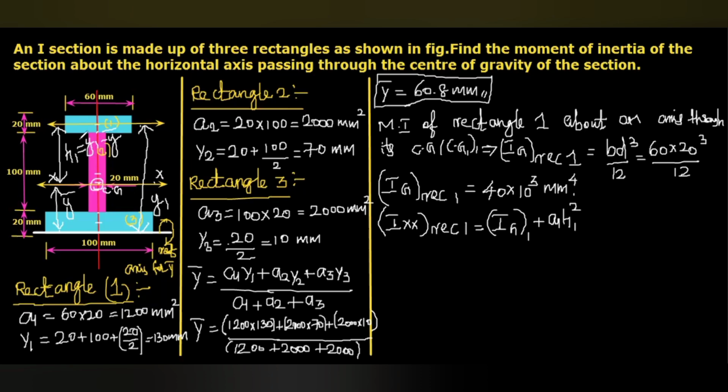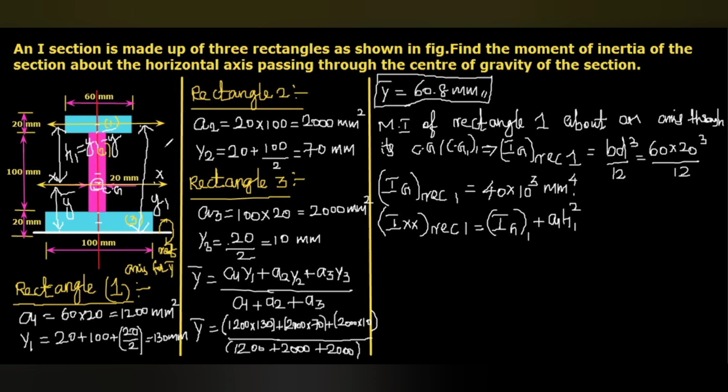That means the y value of the particular rectangle with respect to the y bar. Because sometimes the y value of the individual rectangle will be more than y bar, sometimes it will be less than y bar. So the h value will be the difference of these two: the y value of the particular rectangle or particular section, and the y bar value of the whole section.